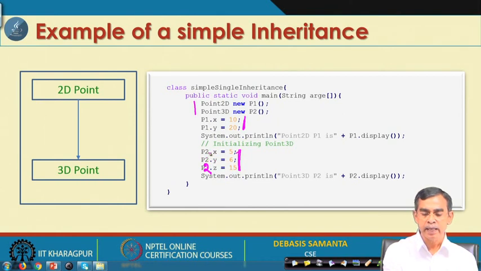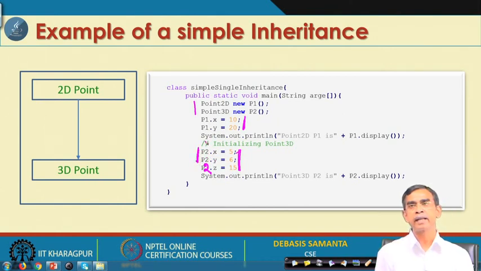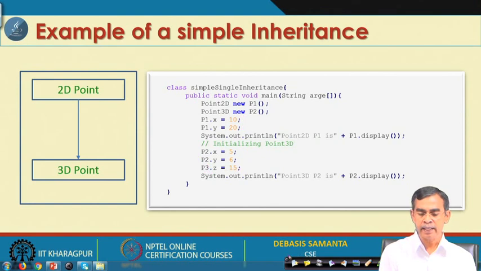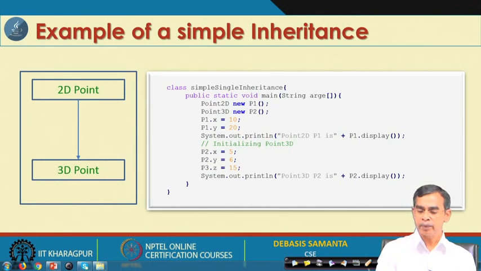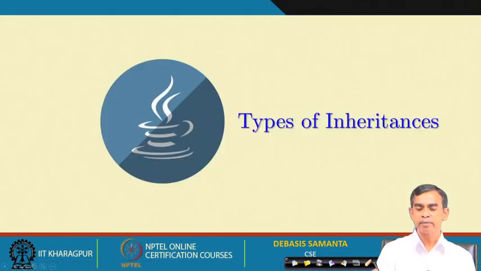Now, here in p2, being a point in class Point3D, x, y is accessible. The idea is that by virtue of inheritance, all the members and methods are accessible with the object of the subclass. So, this is an example of the simple inheritance that we have discussed.